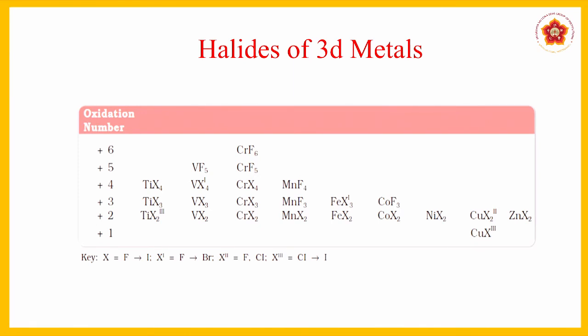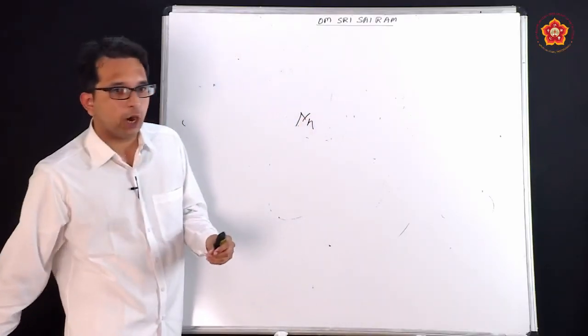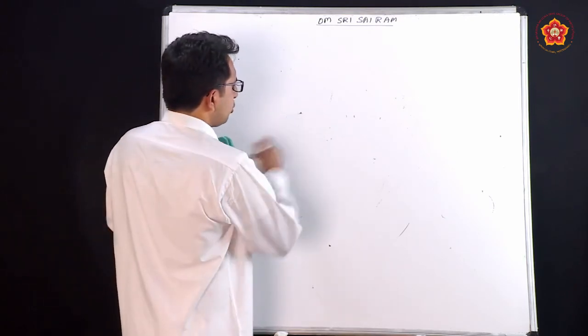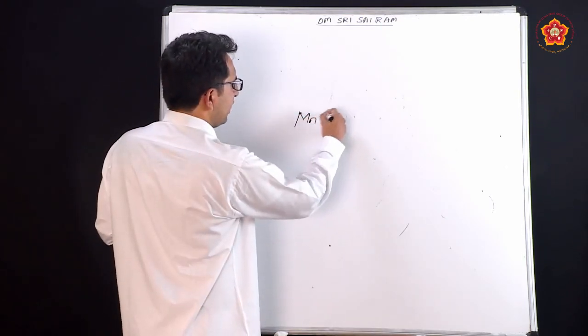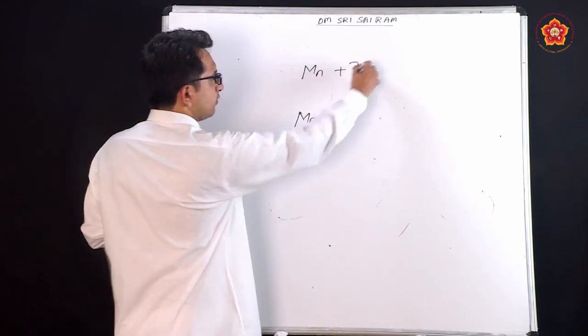Especially, one thing that we must observe here is that Mn is showing only up to MnF4, but we realize that Mn can actually have an oxidation state up to +7. So, what does this mean now? Mn halide is only up to MnF4, but we know that Mn can show up to +7.